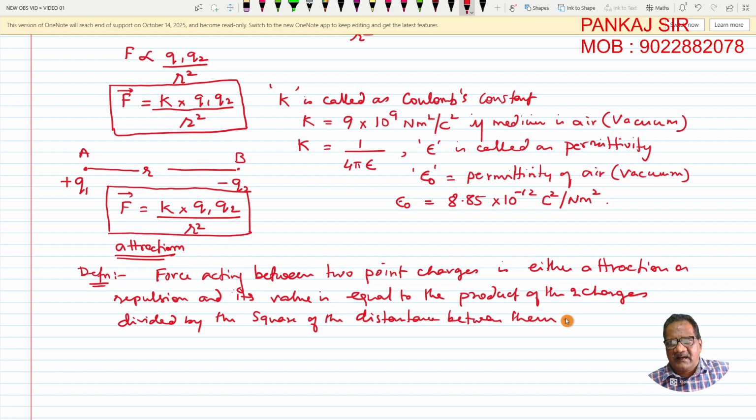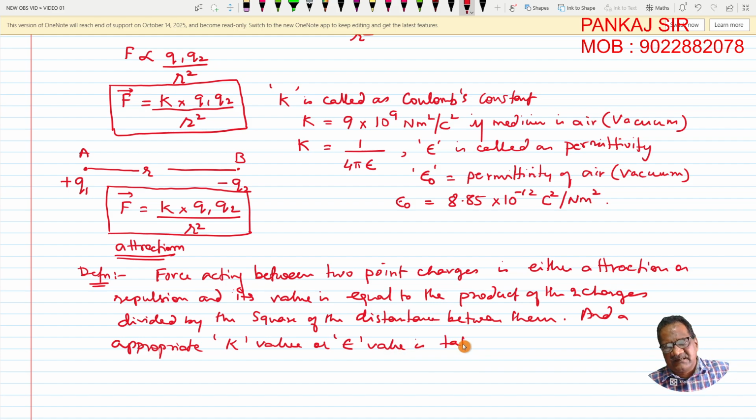And the appropriate K value or epsilon value is taken.